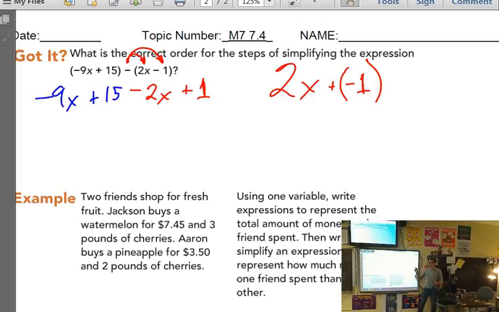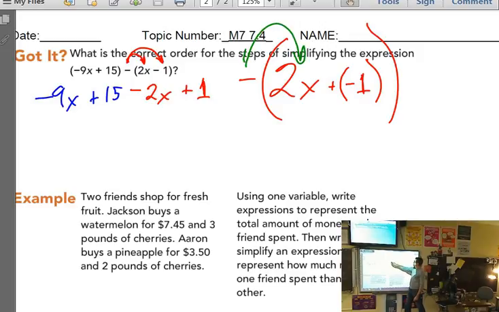Subtraction was made up to represent adding a loss or adding a negative amount. So what this is really doing here is adding a negative 1. But instead of writing add the negative 1, that's kind of dumb because that takes extra work. So they just write minus 1. This tells me do the opposite of that. So the opposite of that, when distributed, that becomes negative, that becomes positive.